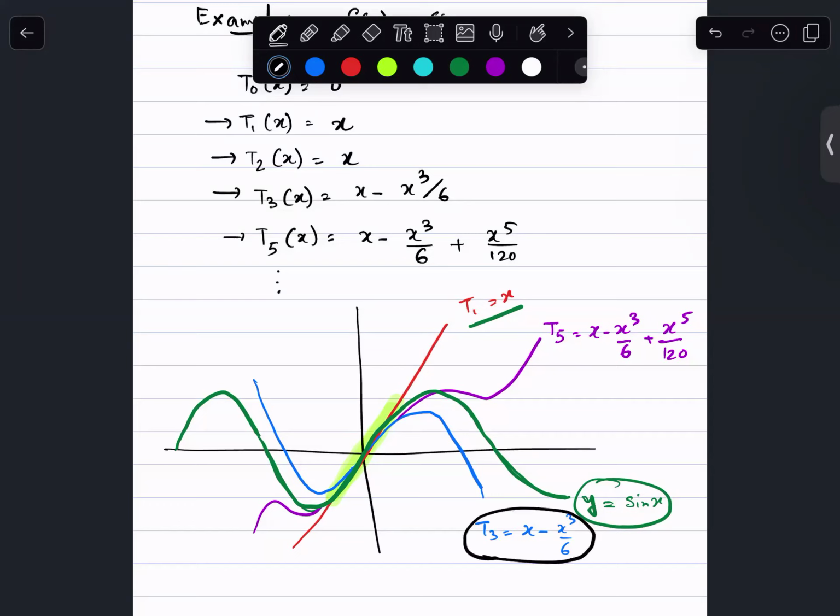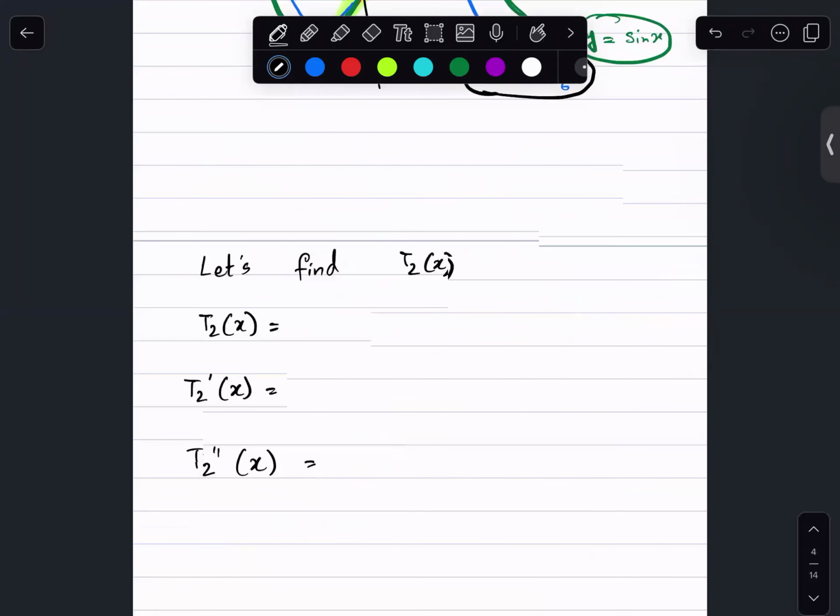Now see, the blue line is a better approximation than T1. And then T5, this purple line, is even better than both T1 and T3. So if you consider more and more powers of x, for example T7, T9, and so on, then those polynomials will approximate the function itself better and better.